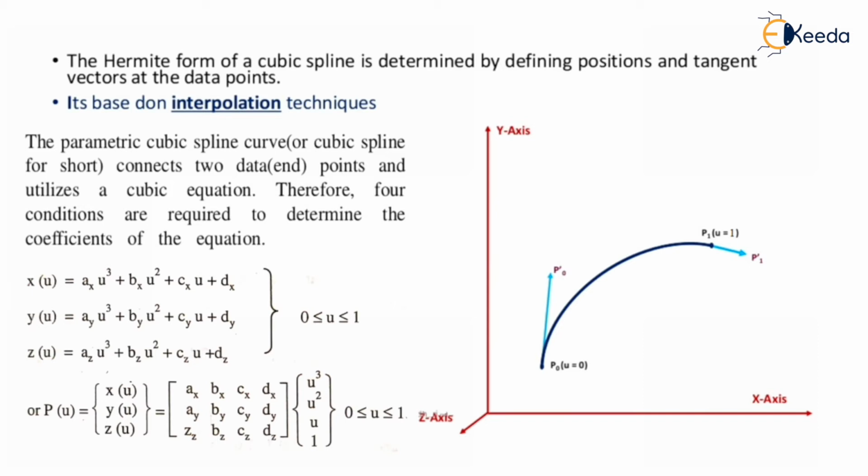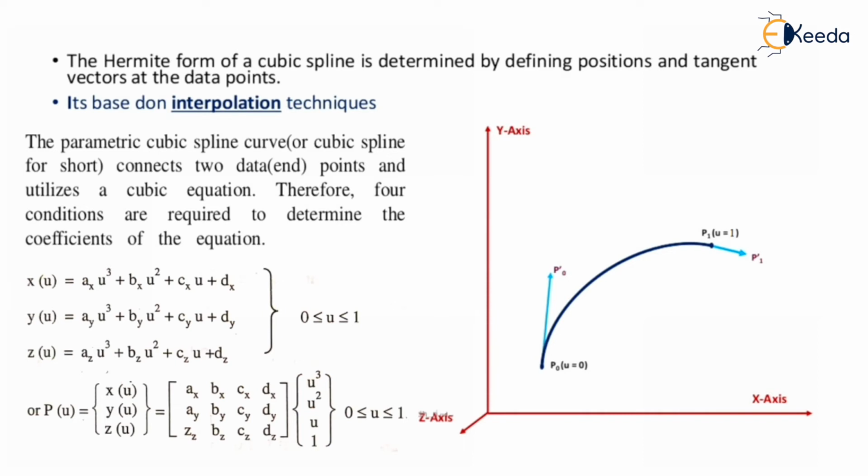So p of u is equal to x of u, y of u, and z of u. In matrix form, how will we write it? ax, bx, cx, dx in a row, and in the column vector there will be u cube, u square, u and 1. The matrix will be formulated from the above equations only.